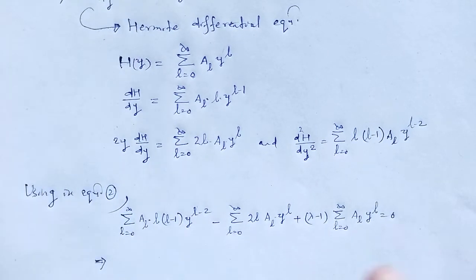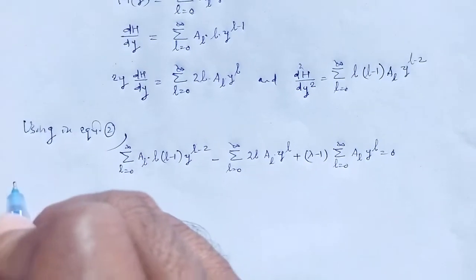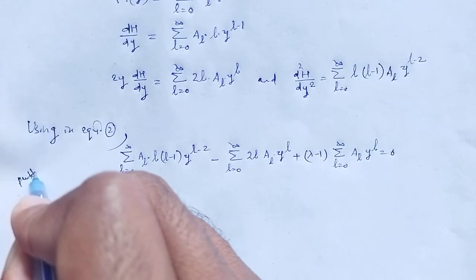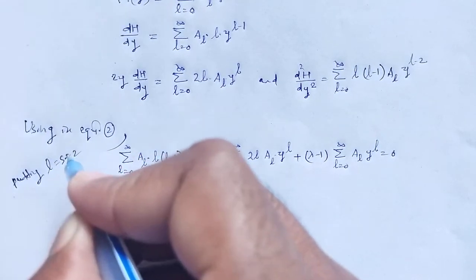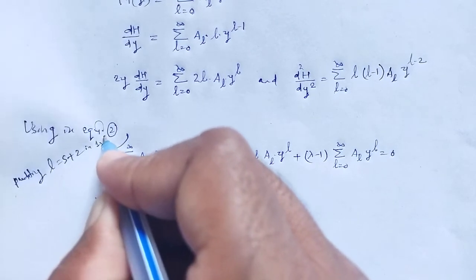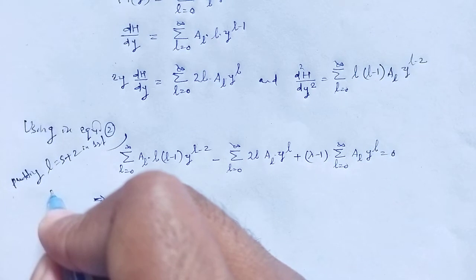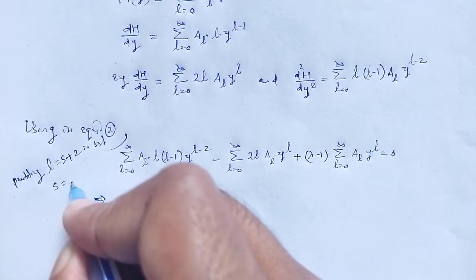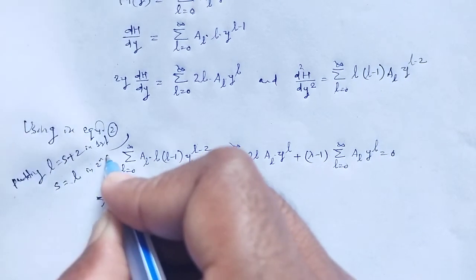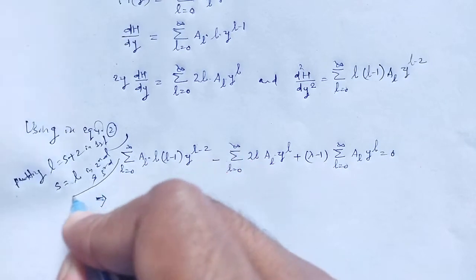Now we have to substitute: putting L equal to S plus 2 in the first term, and S equal to L in the second and third.